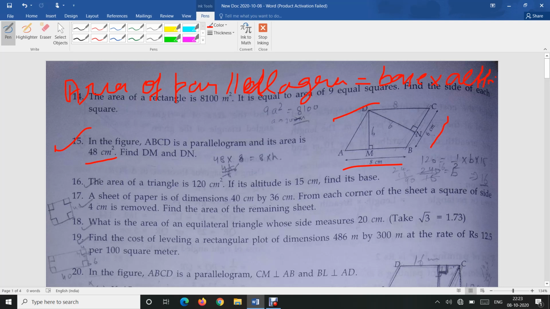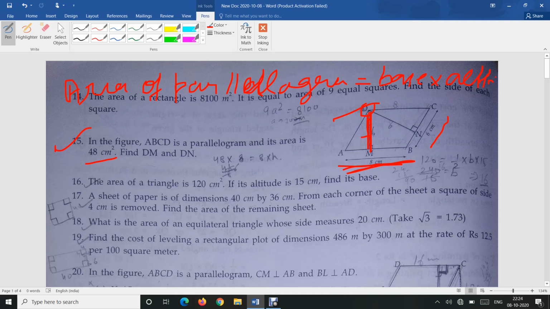Here you can see that this perpendicular falls from vertex D to side AB. That means it is the height, or you can say altitude, and AB is the base because this perpendicular is falling on side AB. That means AB is the base and DM is the height.